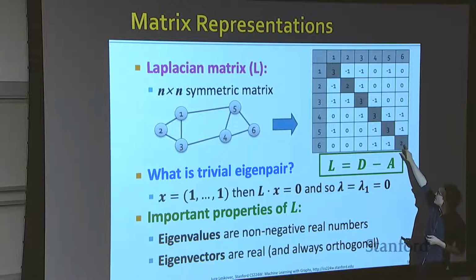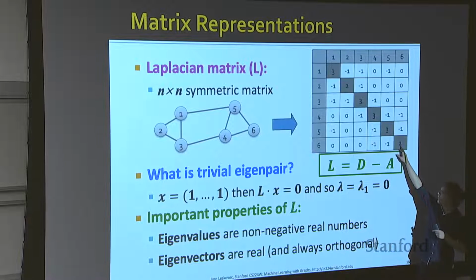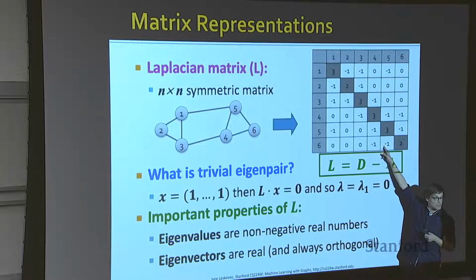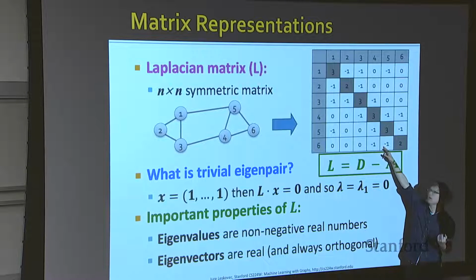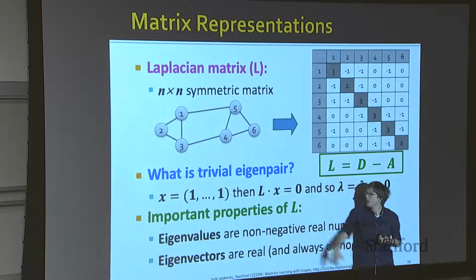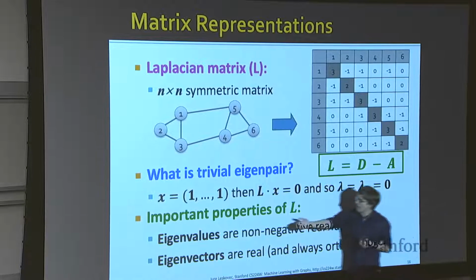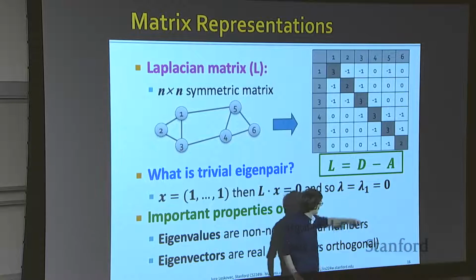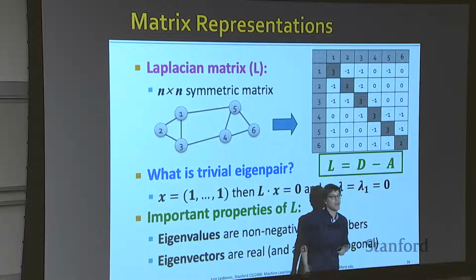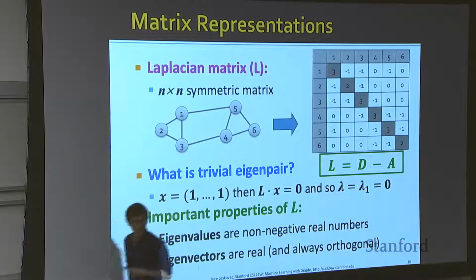Because we have entries on the diagonal, we can think of this as a self-loop. So everyone is summing the number of edges they have, which is minus their degree plus their degree. So this will be 0. This means that x is an eigenvector with a corresponding eigenvalue of 0, and that's the smallest eigenvalue in our case. Okay?